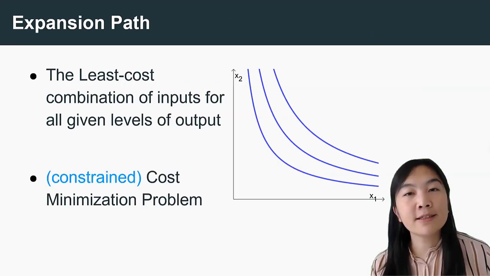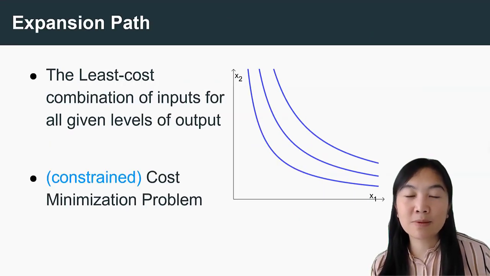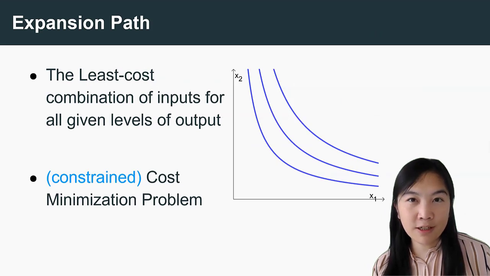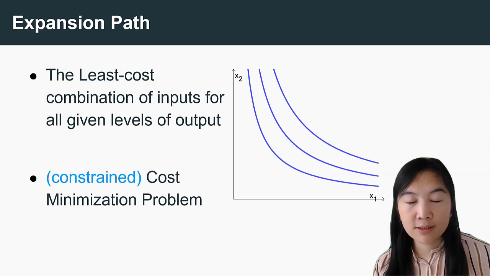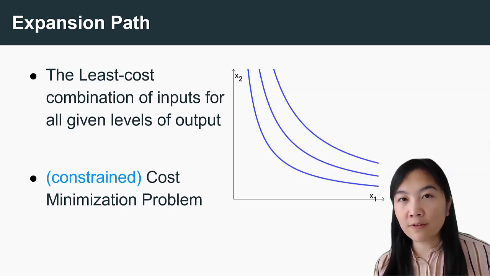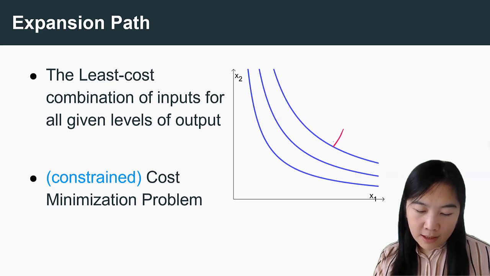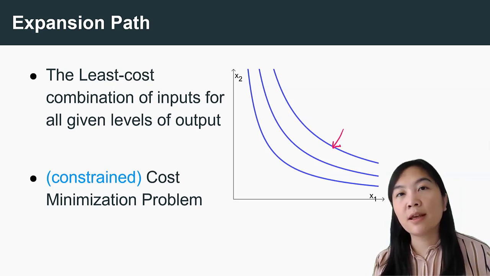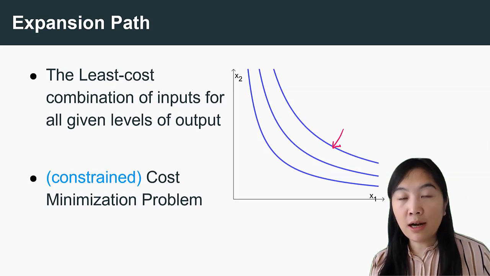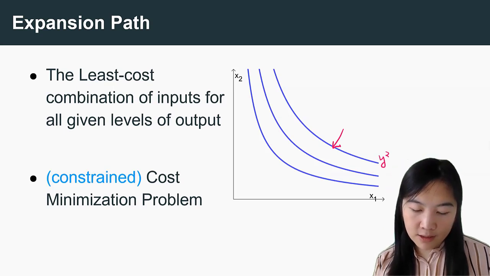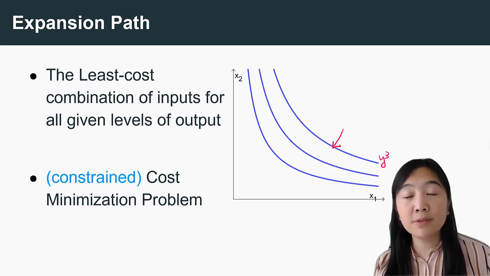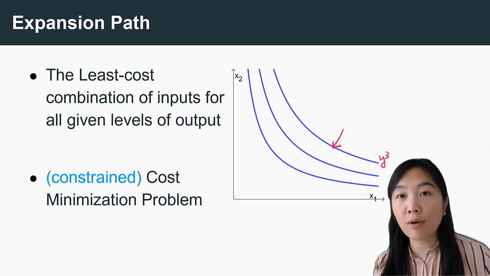So let's assume that for whatever reason, the objective of the producer is to produce a certain level of output. When I say a certain level of output, that translates to a particular isoquant curve that we are interested in. For that isoquant curve, let's assume that the output level is Y3.